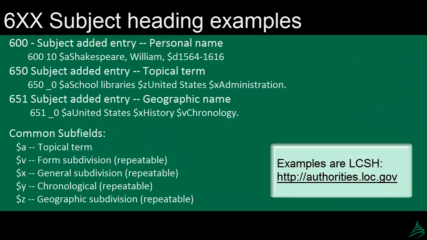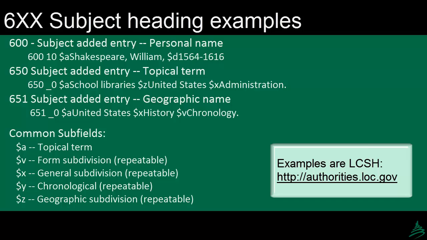And here are some examples. A 600 is a personal name. A 650 is a topical term or just your general subjects, and a 651 is geographical names. You see here that we have a first indicator that should be blank. Again, my bad, but that should be blank.